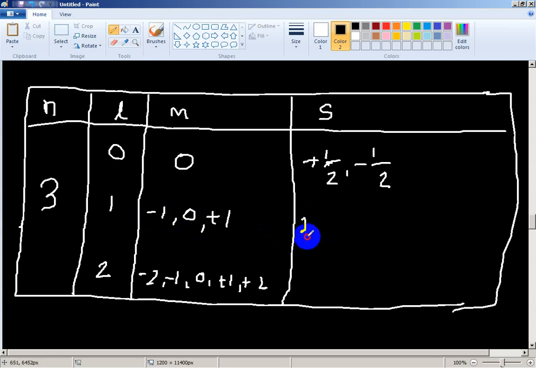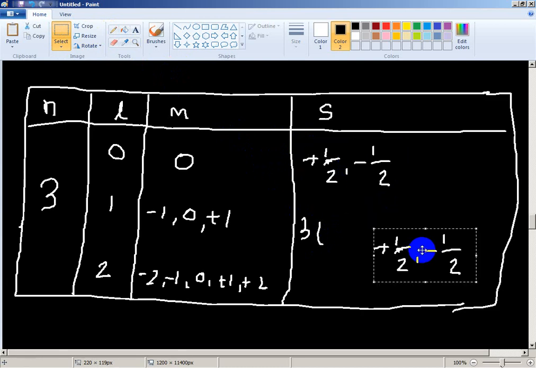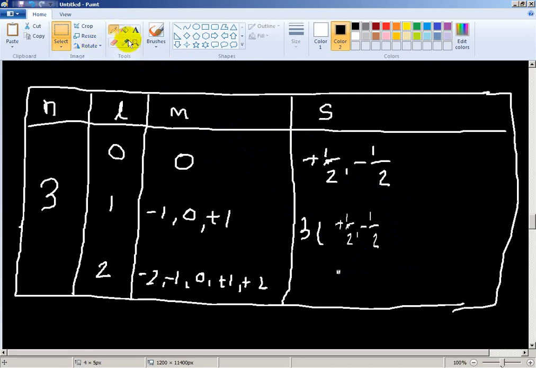Here are 5 orbitals, each containing 2 electrons, so I can write 10 electrons.